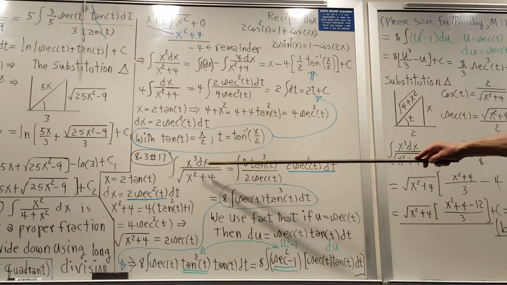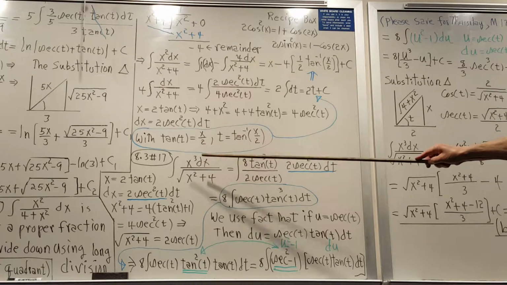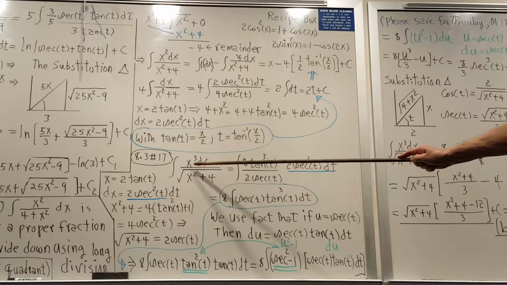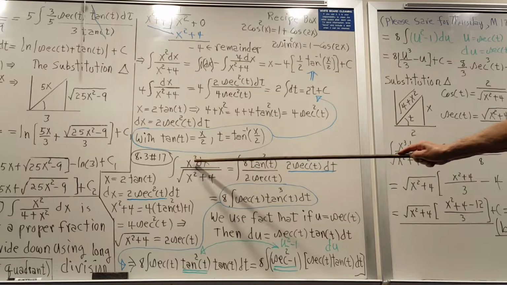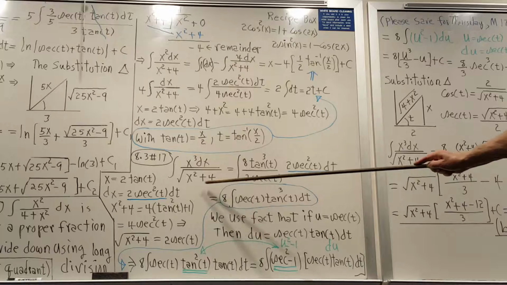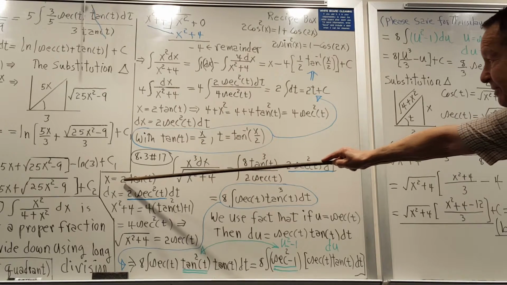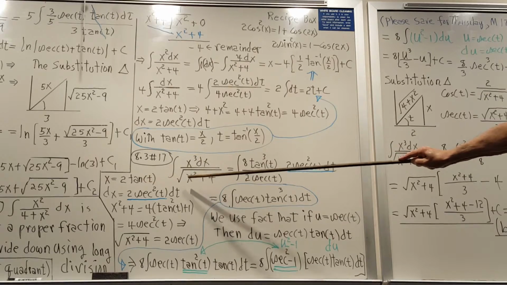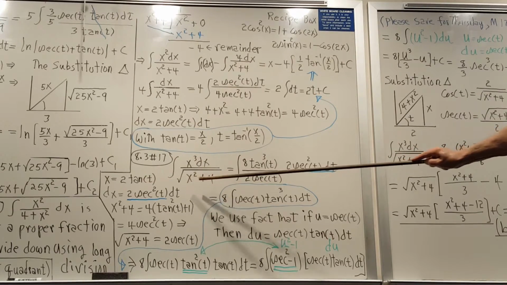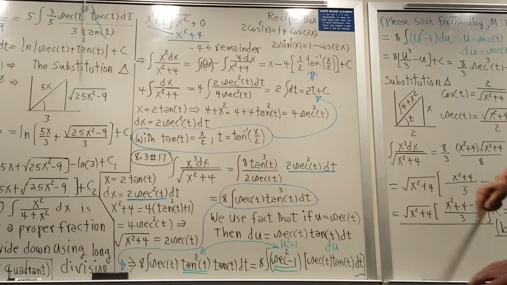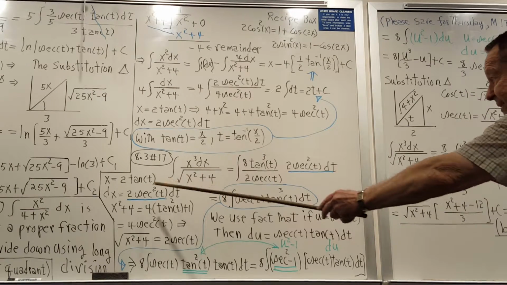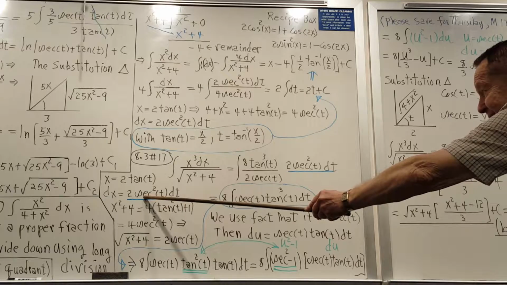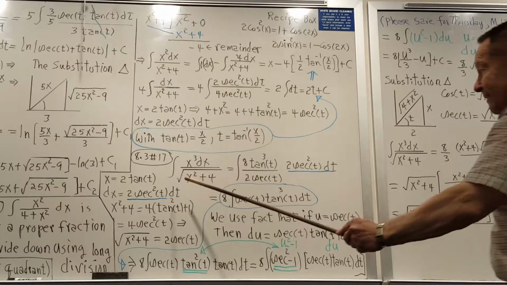So then let's look at 17. We have, again, the sum of squares. So if x is 2 tangent t, you'll have 4 tangent square plus 4. Your dx will be 2, derivative of tangent is secant square.